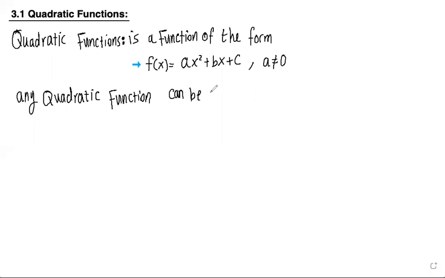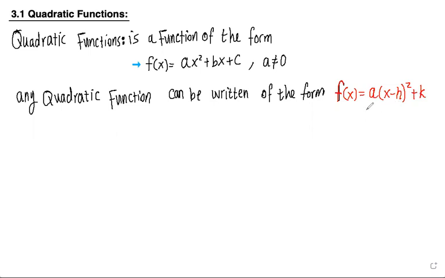It can be written in the form f of x equal a times (x minus h) squared plus k.